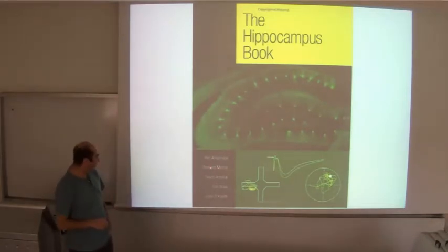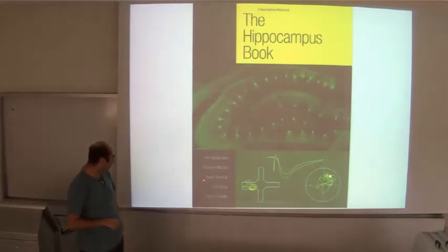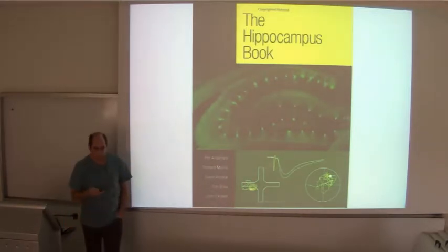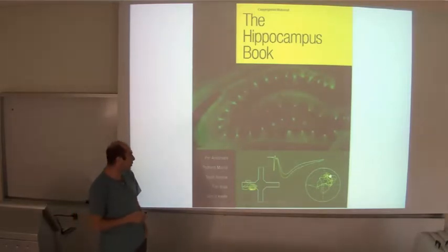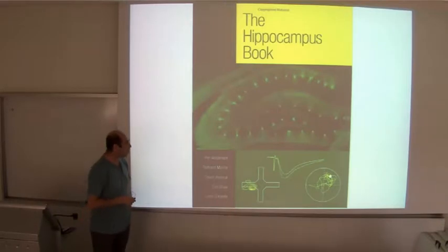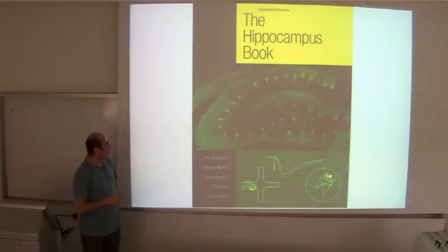Richard Morris is a famous guy who developed the water maze. David Amaral is an anatomist of the hippocampus, and John O'Keefe was the first to record place cells. So this is a very good book. It covers everything you can think of, and it's almost up to date, 2007. So if you need a reference for the hippocampus, that's a good one.